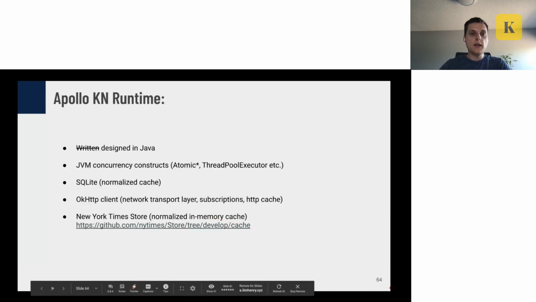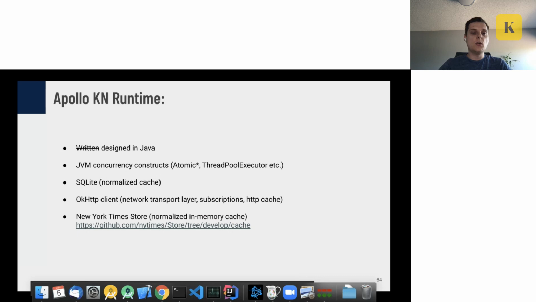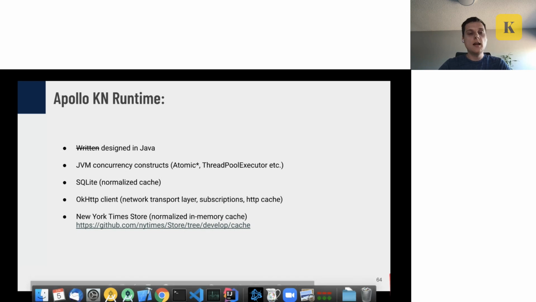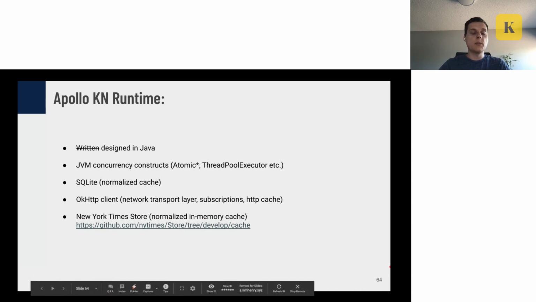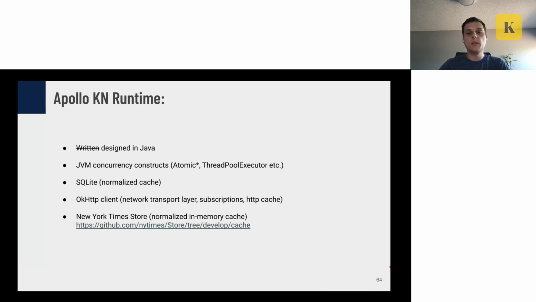So we started thinking about what it means to migrate the existing Apollo runtime to Kotlin native. These are the key points that we are evaluating. First of all, the existing runtime was designed with Java thinking. In some places we're using JVM concurrency constructs like atomic reference, atomic boolean, thread pool executor, etc. SQLite, obviously, we need to store this inside Android, so we are using SQLite from Android.